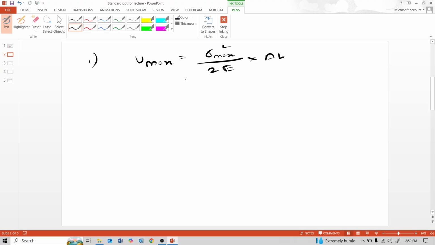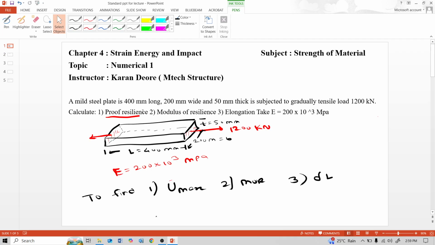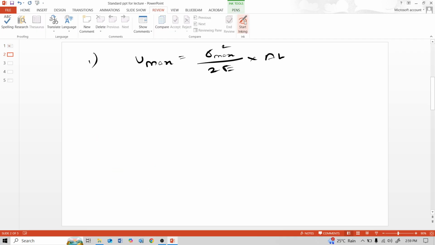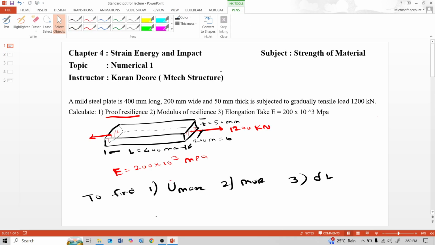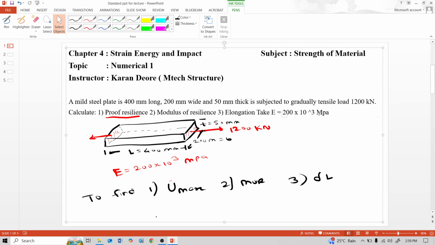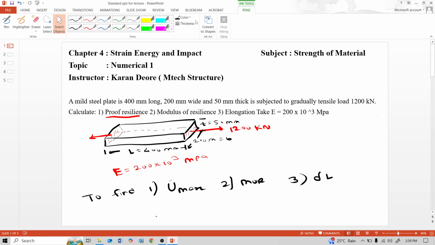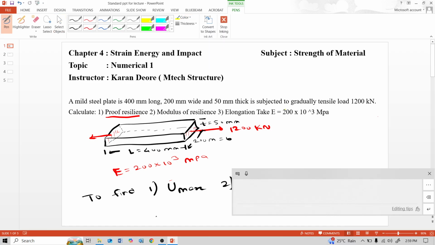So for solving this U max, first proof resilience, we need this. We have this E, 200 into 10 raised to 3 MPa. We have the cross-sectional area of this plate, 200 multiplied by 50, and the length is 400 mm.